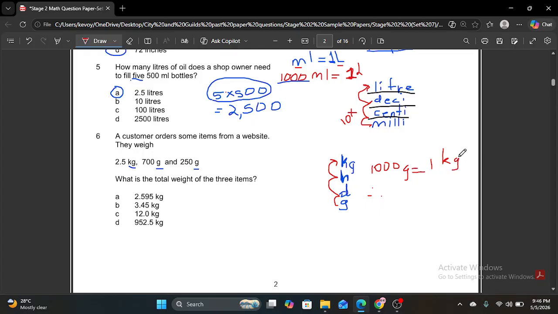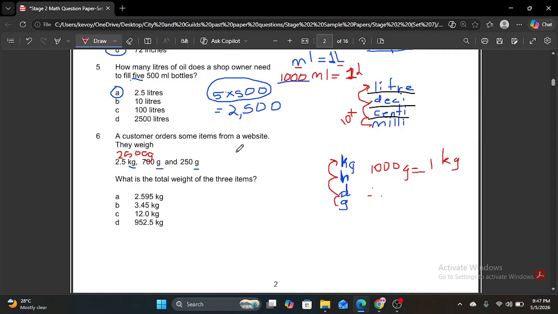So if 1,000 grams is equal to 1 kilogram, then 2.5 would be 2,500 grams.